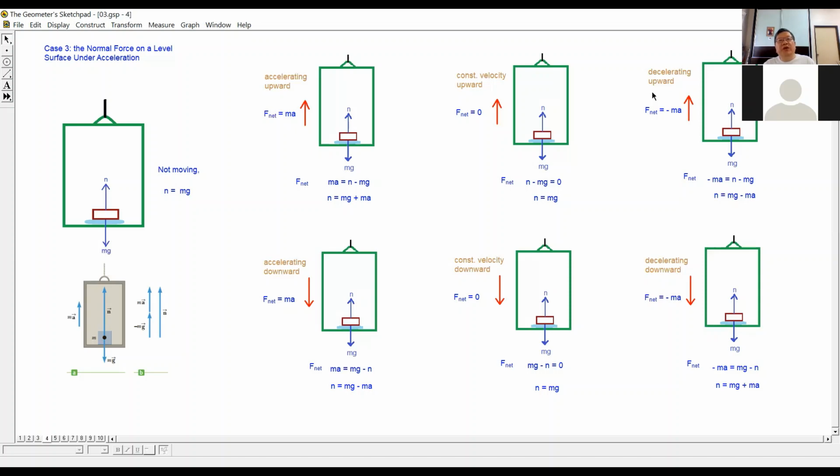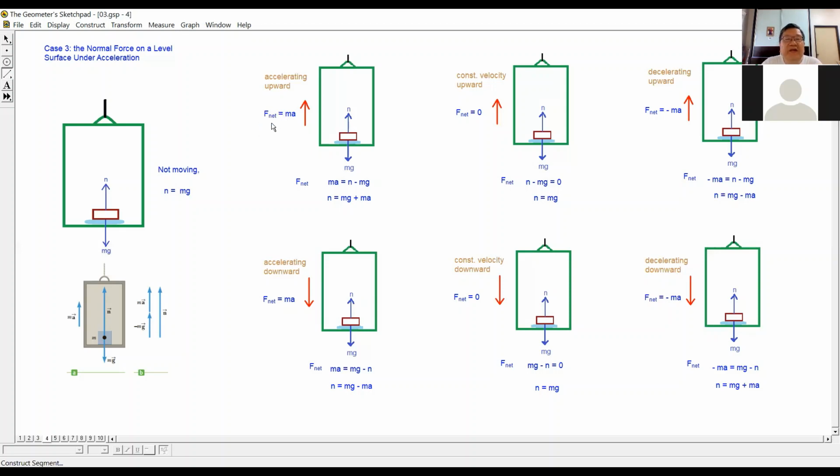Let us look at the first case here. When the object is moving upward with acceleration, we know that the net force is the one that produces acceleration. According to Newton's second law, the net force is equal to the mass times the acceleration.